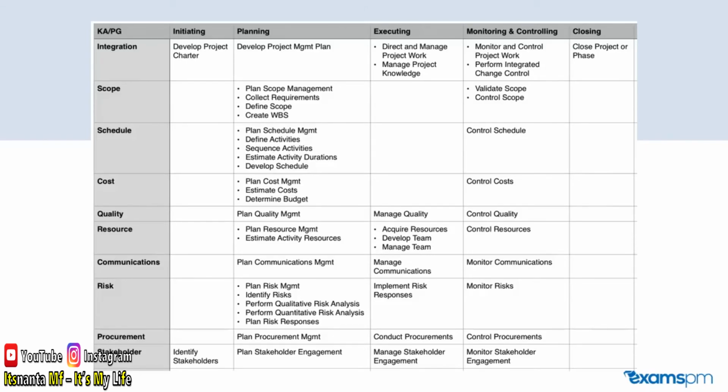And then we used the phrase "do it" to help us memorize the 2 processes within initiating, which is quite fitting, right? Because when you're starting a project, you're just doing it. And then we looked at how to memorize the processes in closing, which is just using "close," because there's only one process in the closing process group, and that's close project or phase.